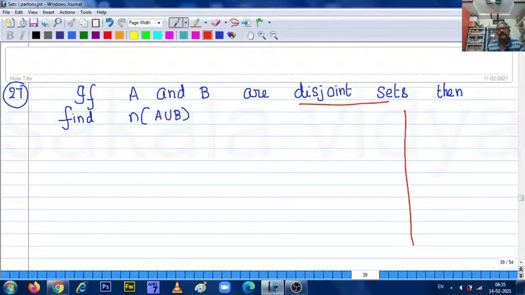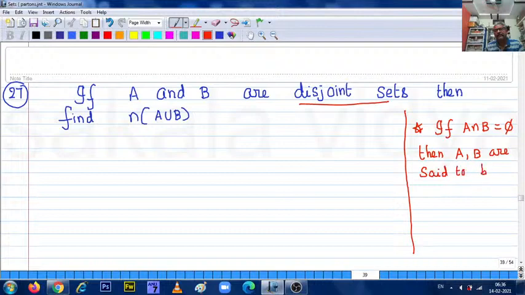So let me explain the disjoint sets. See, if A intersection B is equal to nothing, null set, void set, empty set, phi, then A, B are said to be disjoint sets.